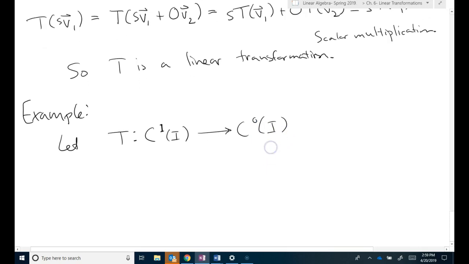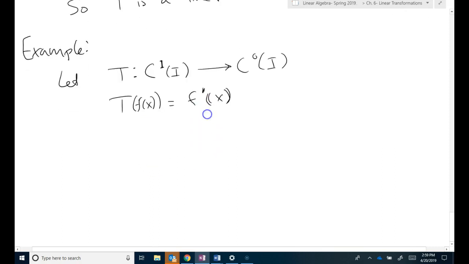So we're going to take that as a transformation, and we're going to let T of F of X equal just F prime of X, the derivative. We're going to take the derivative.